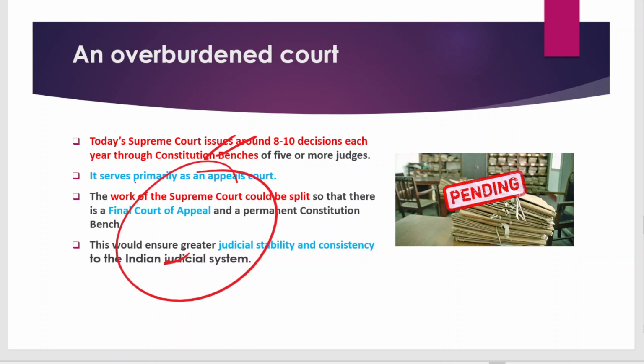Common people who want to go to the Supreme Court to resolve their issues will have more accessibility and less time for justice to be delivered. So that's the point. Hope you understood.